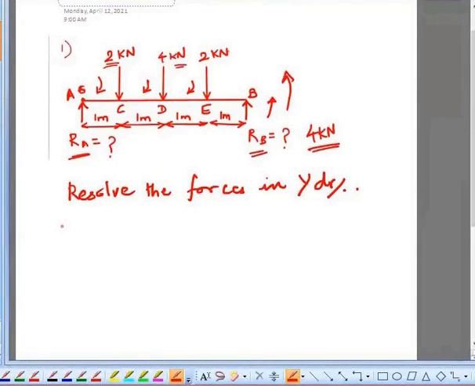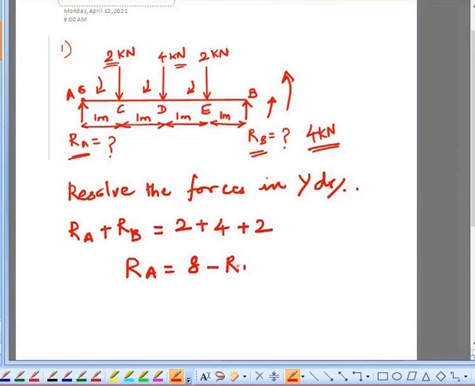So in the upward direction you are having two forces, RA plus RB. This is equal to the vertical downward forces, that is 2 plus 4 plus 2. We know the reaction at point B, so I can write RA is equal to 8 minus RB, that is 8 minus 4. So your reaction at point A is 4 kilonewton.